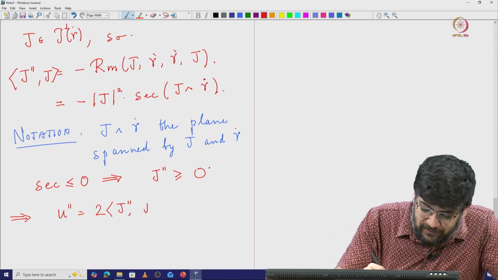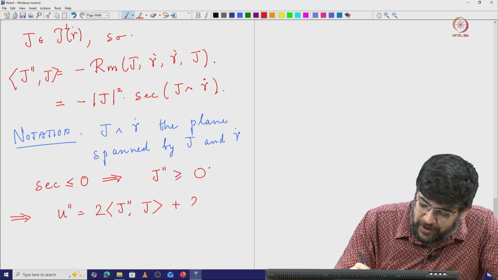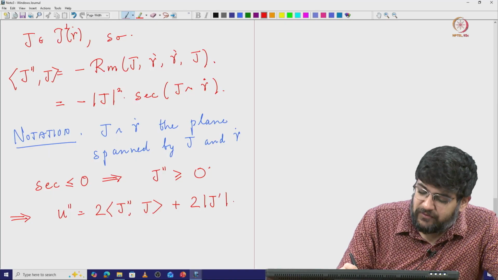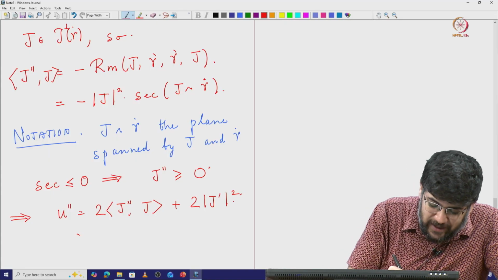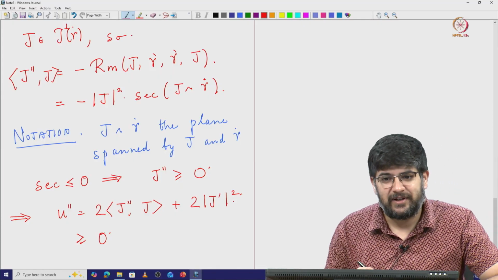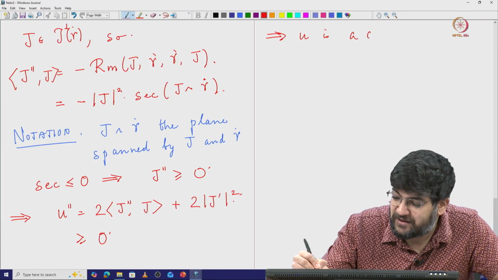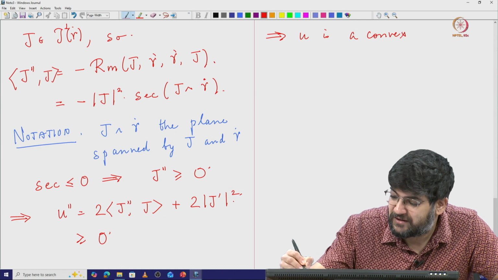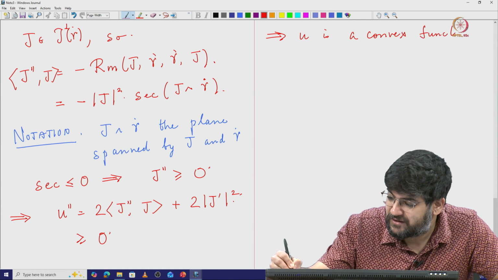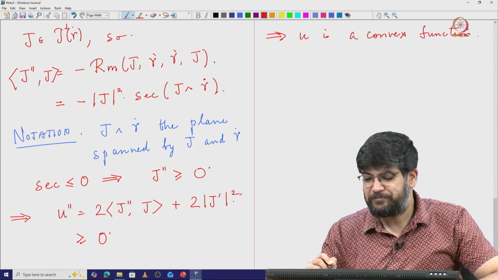So, if you go back to our formula for U double prime, we see that both the terms are now non-negative. So, this is going to be non-negative, okay, or in other words U is a convex function. Okay.